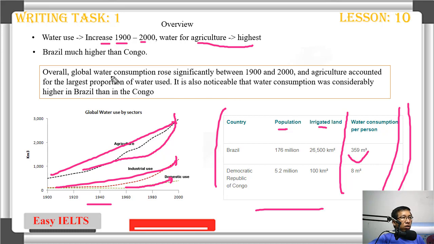Overall, global water consumption rose significantly between around 1900 to 2000, and agriculture accounted for the largest proportion of water use. It is also noticeable that water consumption was considerably higher in Brazil than in Congo. So this is the overall overview.